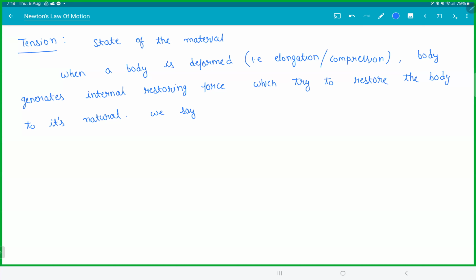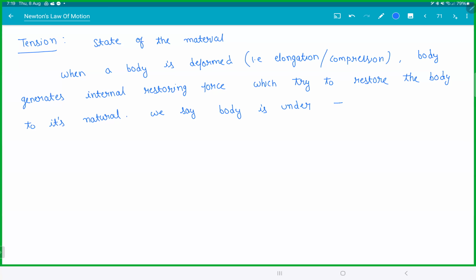Tension is like the state of the material. So when you say material is under tension, it means it got deformed. That's what it simply means. We say the body is under tension, but in all books everywhere we keep using the word tension. So tension somewhere down the line became a word for force. So we'll use that.